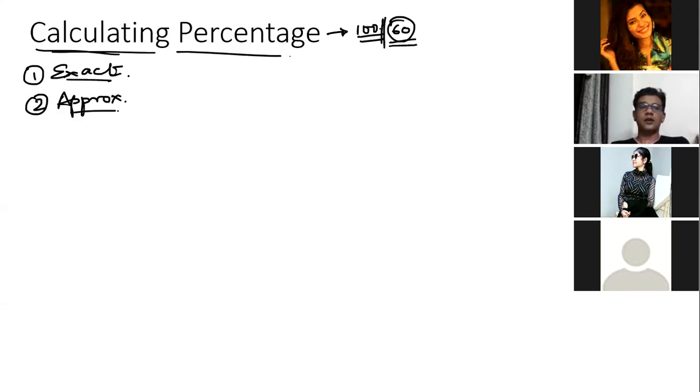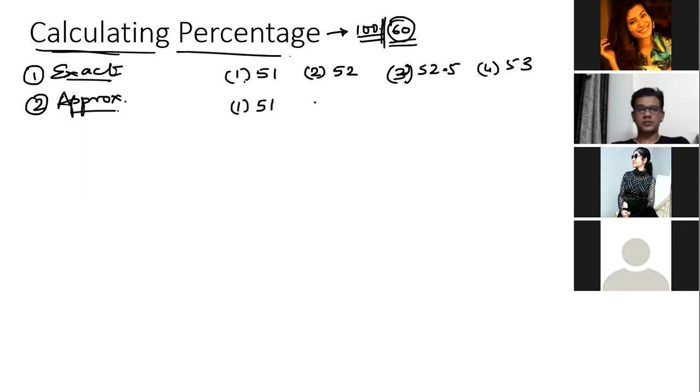How do I decide which method to use? When I look at a question, if my answer options are something like the one given on the screen, versus this is the kind of answer option, the second one is another kind of answer option that I have.